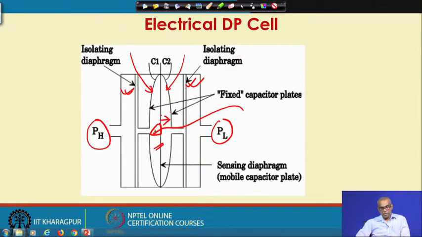As the diaphragm moves from its initial position, the capacitance will be different. So, we will get an electrical signal as output, which is a measure of the difference between the high pressure and the low pressure.